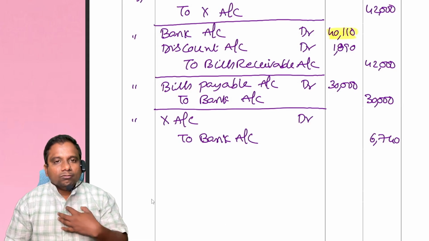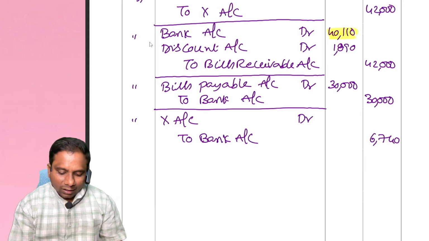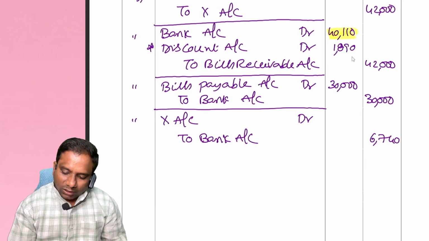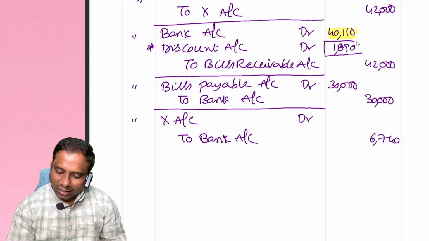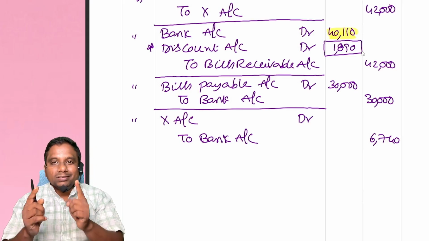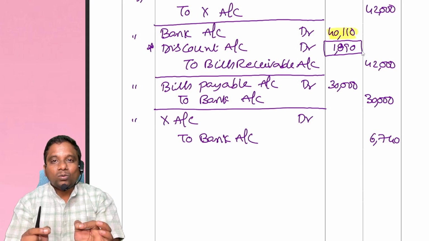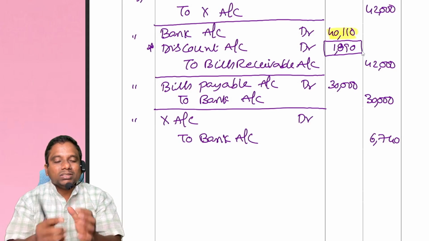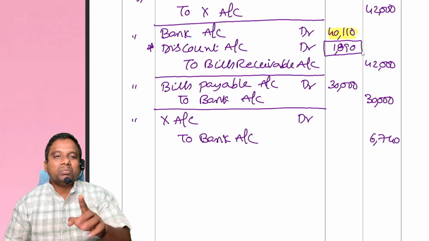Now we have discounted the bill earlier. What is the discounting charges? 1,890. Now this second bill discounting charges also shared between both the parties.